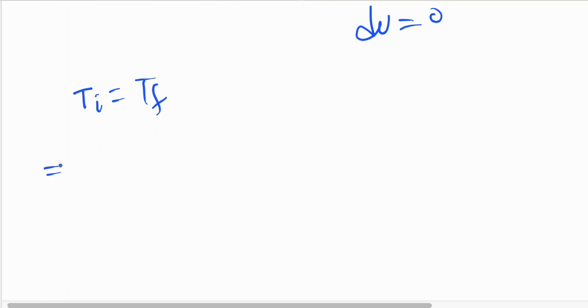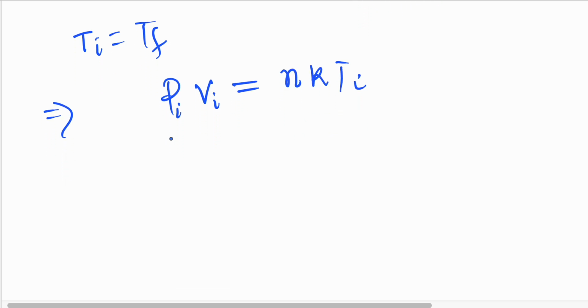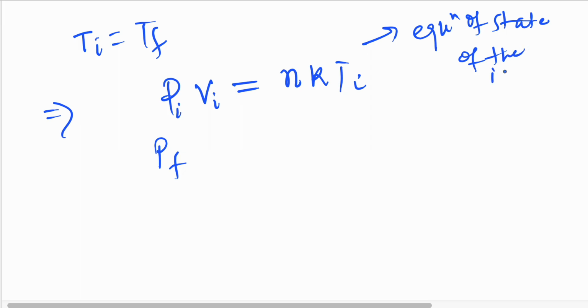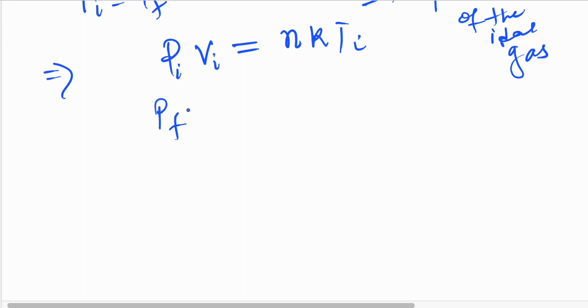We know the equation of state of the ideal gas: Pi Vi equals N k Ti, and Pf Vf is equal to N k Tf.